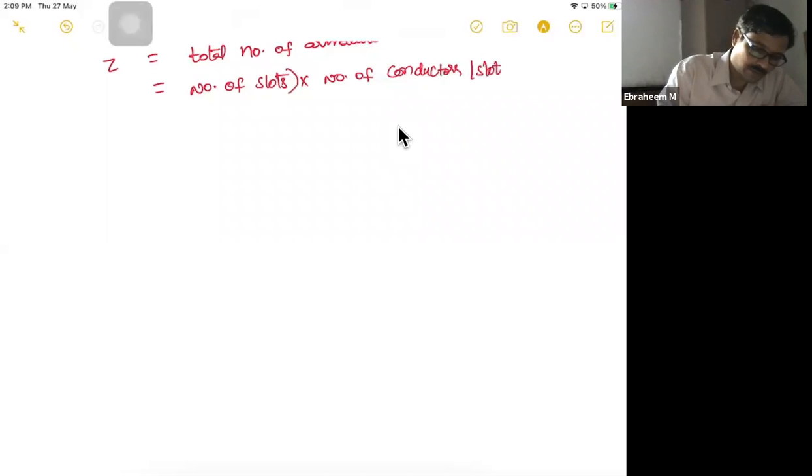So the number of slots in the armature core into the number of conductors per slot will give us the total number of conductors placed in the armature, that means the number of conductors of the armature winding.